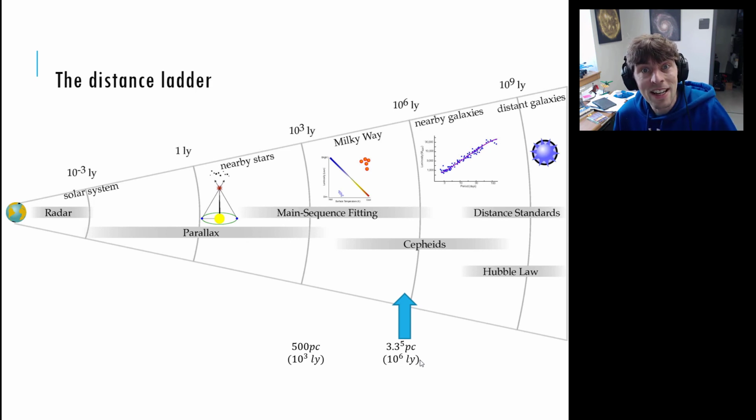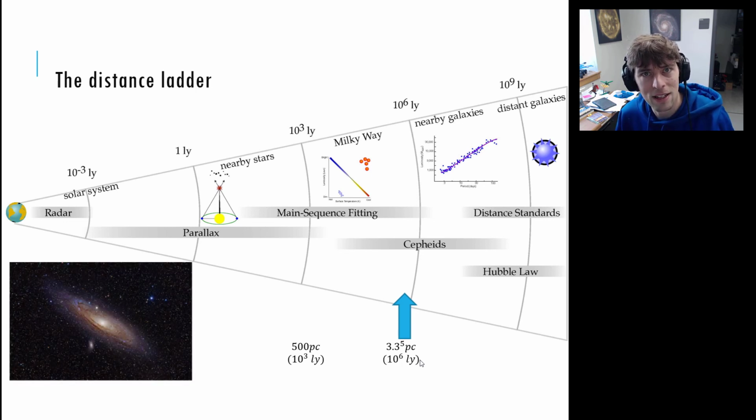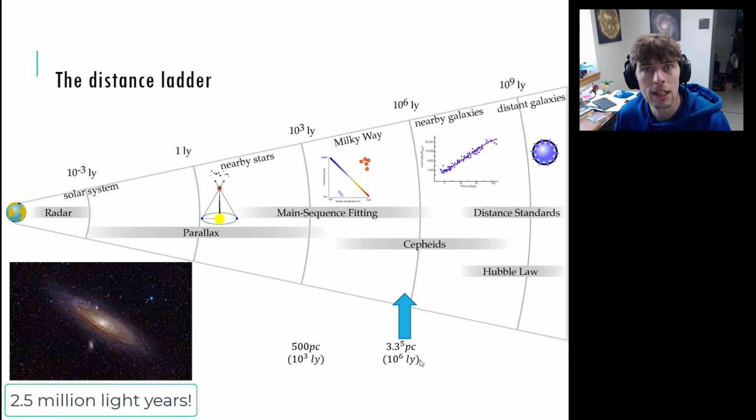Keep in mind, the distance to the next closest galaxy is about 2.5 million light years. That's M31, the Andromeda galaxy. We can't do main sequence fitting to estimate the distance to the Andromeda galaxy. We need a method that will allow us to measure even further into space.